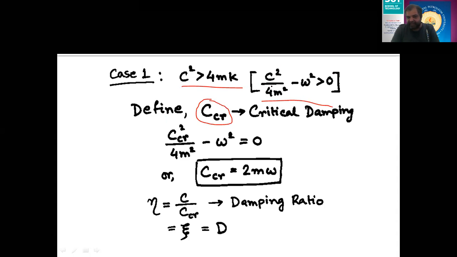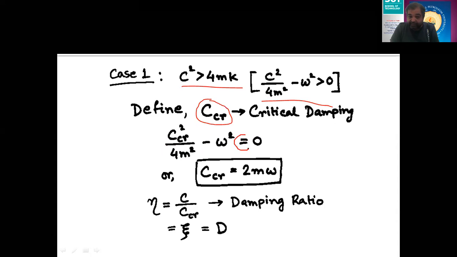Then I can take C equal to C_cr, because it is critical damping when it becomes equal here. So in this equation I can replace C with C_cr: C_cr squared upon 4m squared minus omega squared is equal to 0.